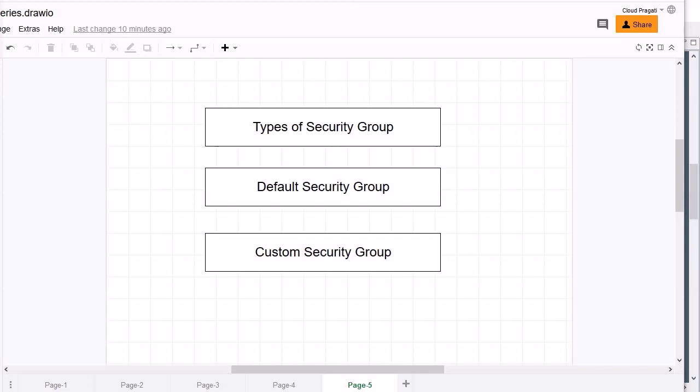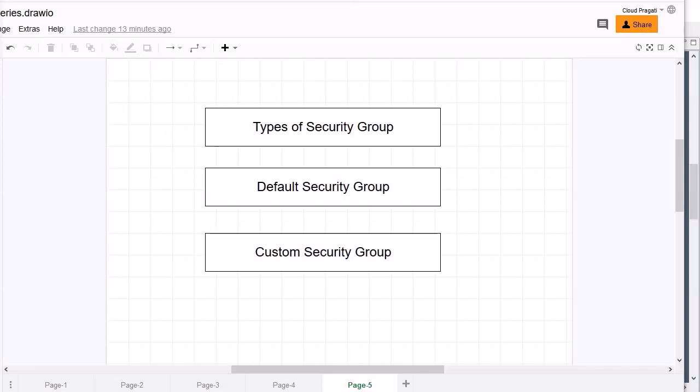Now let's move further and understand what a custom security group actually is. Prior to that, we must understand in what scenario you can use a custom security group. Suppose you are working for a company that has various departments like HR, finance, and IT, and each department has its own EC2 instance, and you want to restrict access to the finance department from other departments.